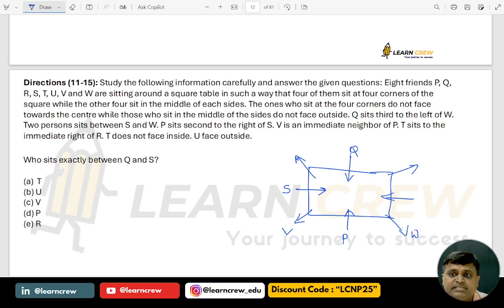T does not face inside means T is this one and R is this one. And the only person who is left is U. U is facing outside, satisfied. So who exactly sits between Q and S? U. So answer is B. Next.